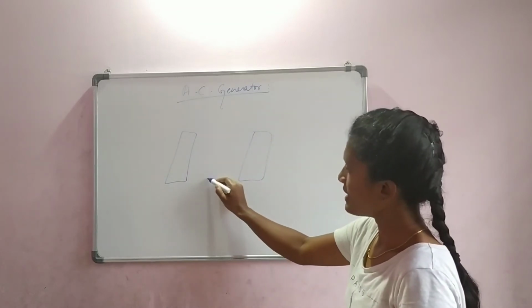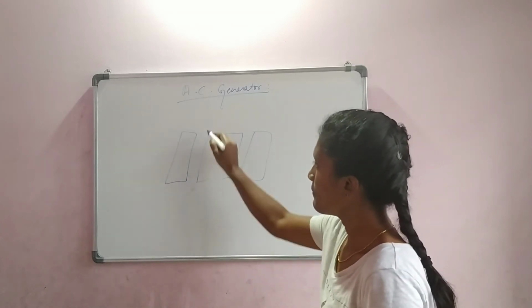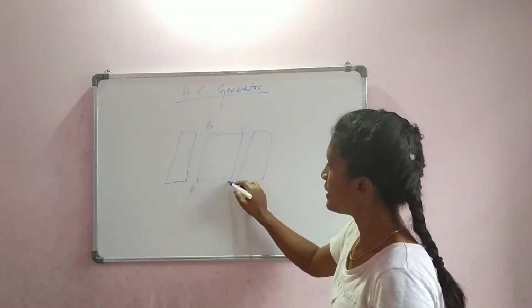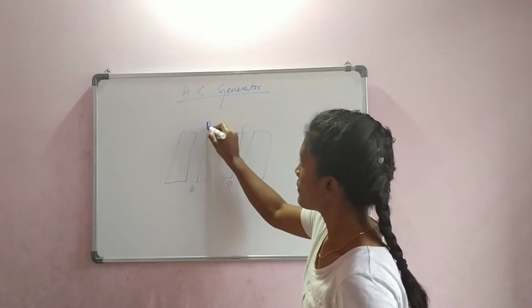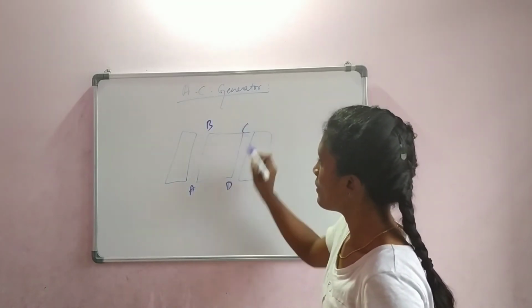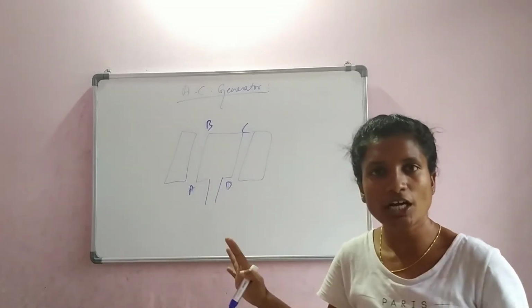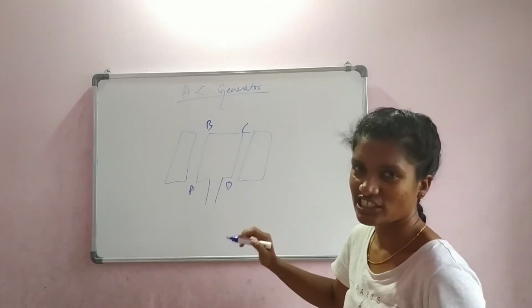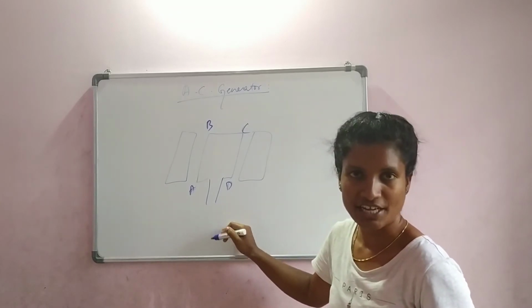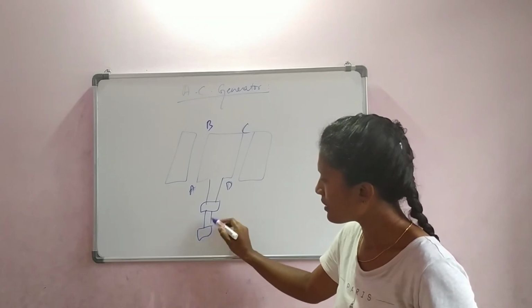Then there is a coil, a wire which is made in the shape of a rectangle. A, B, C, D. This is the coil. It is similar to the DC electric motor which we constructed in the previous class. But there is a slight change. Here we had a commutator in the last diagram, but now we will have a ring. Okay, a kind of ring.